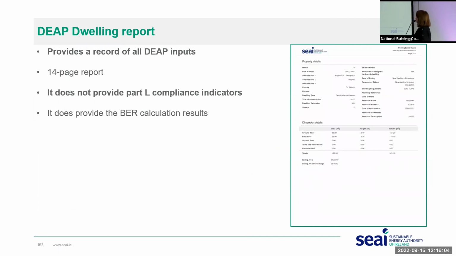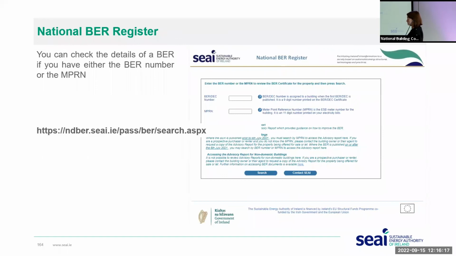And then the dwelling report is a record of all of the inputs in the BER. This one doesn't include the Part L compliance indicators, but it does provide the BER calculation results. You can check the details of any published BER if you have either the BER number or the MPRN. You can do that following this link here. You can check the register on our website.